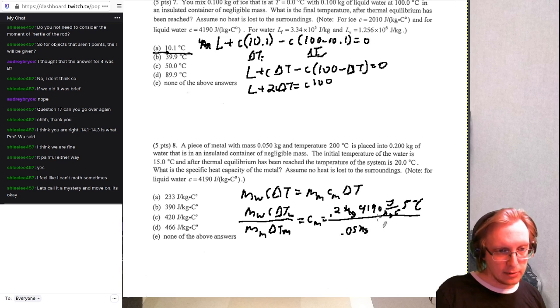It goes from 200 Celsius to 20 Celsius, so that's a decrease of 180 Celsius degrees. This number comes out to be 0.2 times 4190 times 5 divided by, begin 0.05 times 180, and execute.